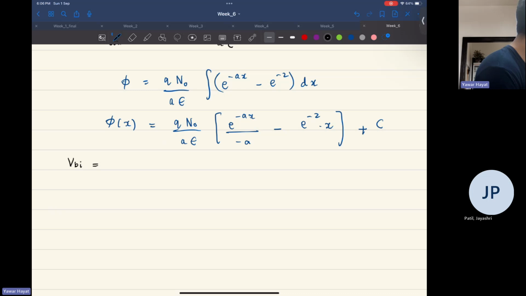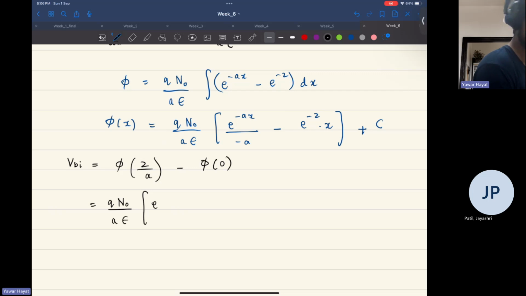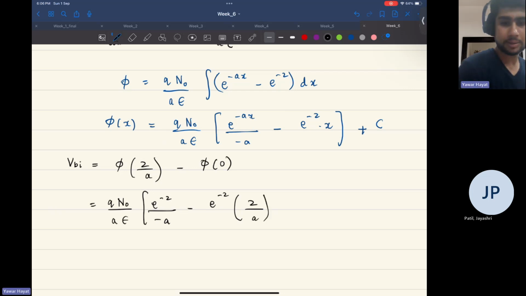Your VBI would be equal to phi of 2 by a minus phi of 0. What is that equal to? Q n0 whole divided by a epsilon, times exponential of minus 2 whole divided by minus a, minus exponential of minus 2 2 by a, isn't it?